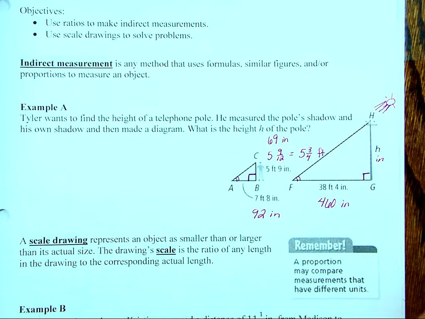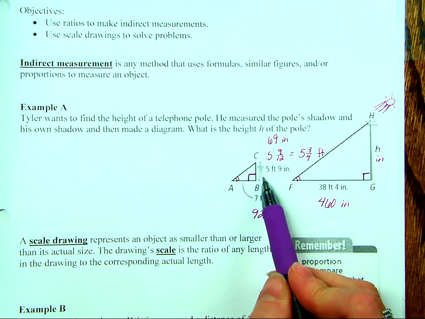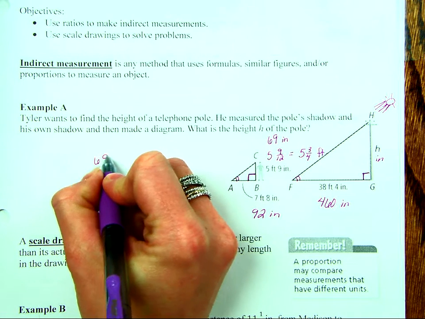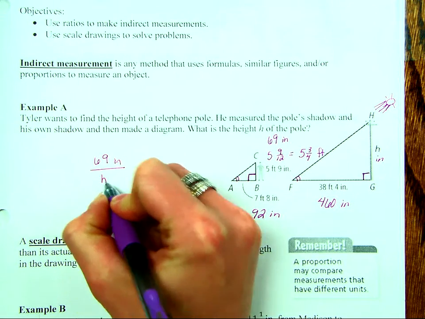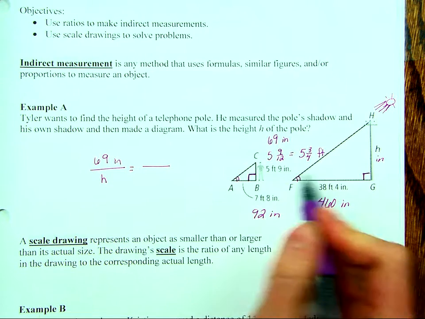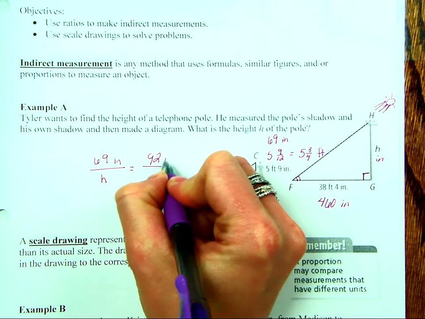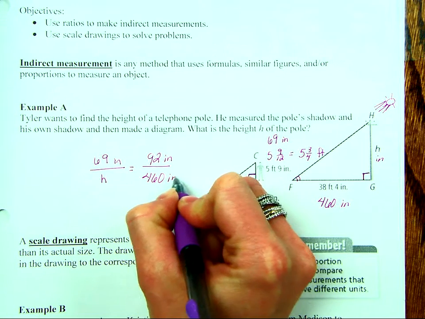I know that the height of Tyler is going to correspond to the height of the pole. So I'm going to say, well, 69 inches over h would be equal to the shadow for Tyler, 92, over 460.